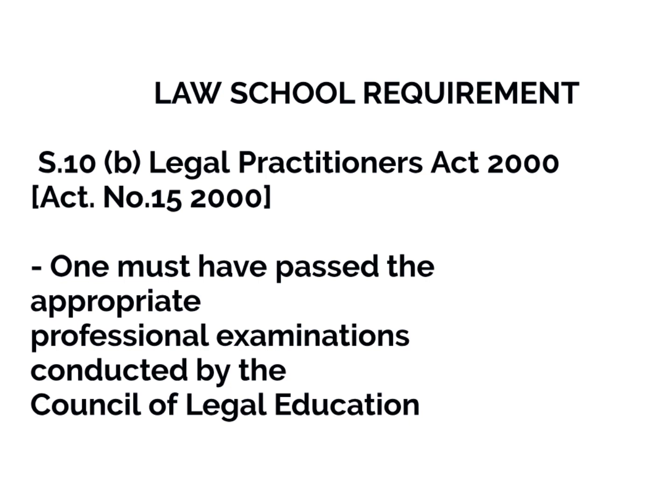So, appropriate professional examinations covers the pure academic examinations and even extends to those examinations which the Council of Legal Education determines. So, it might even extend to advocacy, it might even extend to attending dinners and other professional examinations.